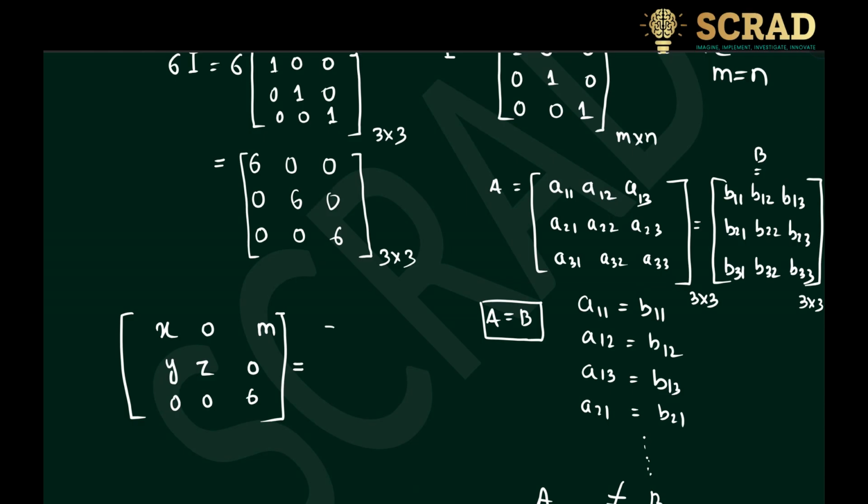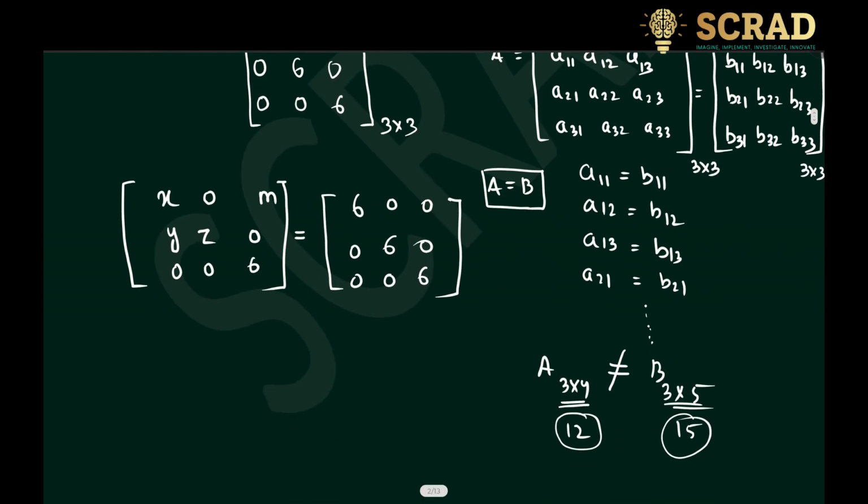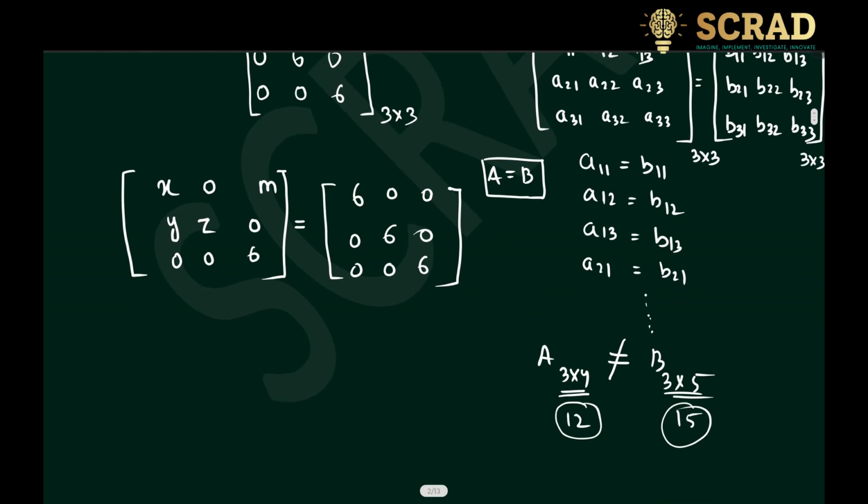This matrix is equal to this matrix [6 0 0; 0 6 0; 0 0 6], right?